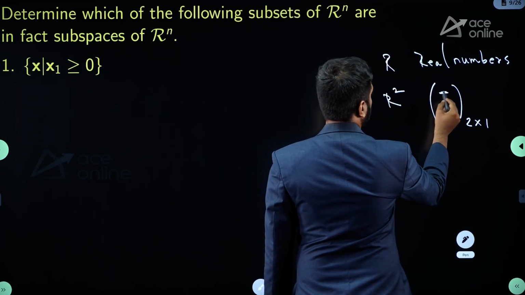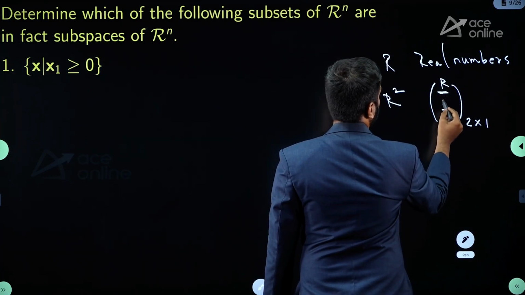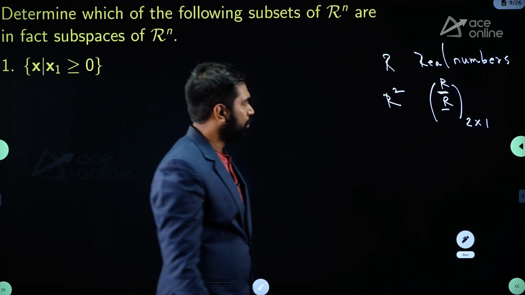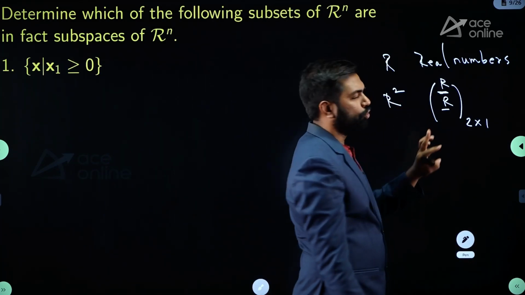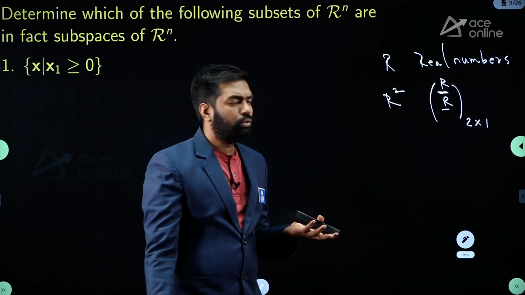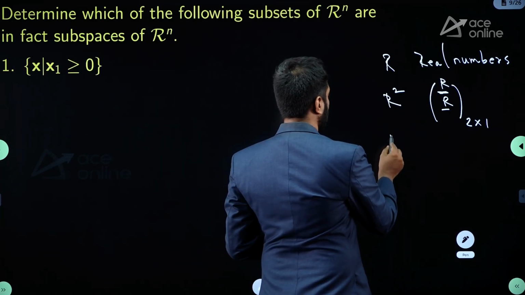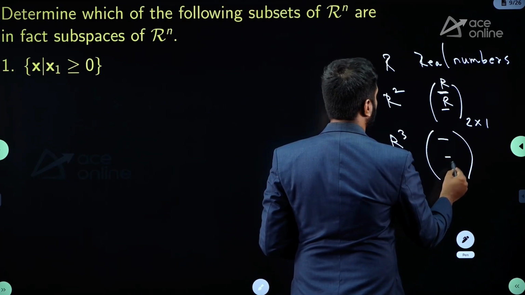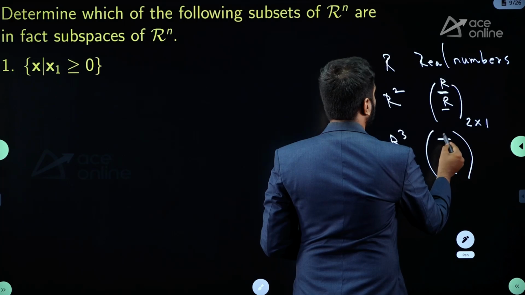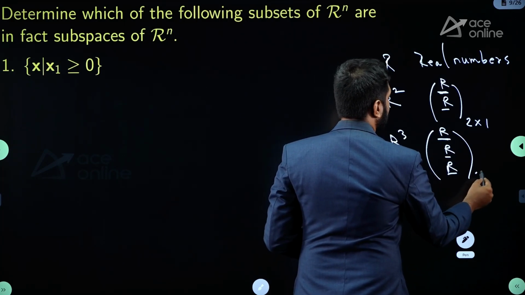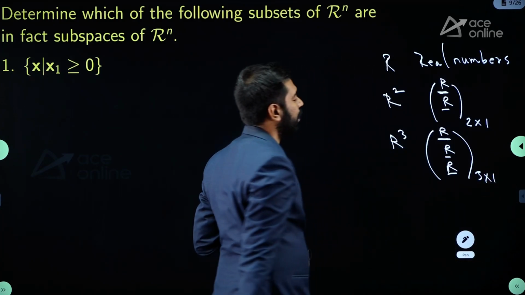This takes a real number, and this also takes a real number. That's why they call this R2. We can also call this a 2 tuple vector. Suppose I say R3, then it's a 3 tuple vector. It has 3 components, and each component takes a real number, which is basically a 3 cross 1 vector.